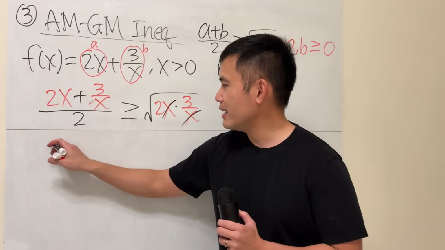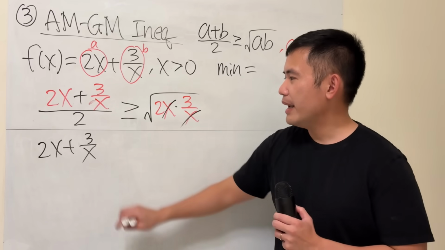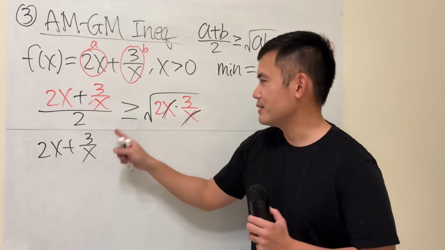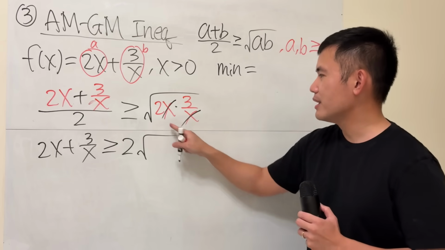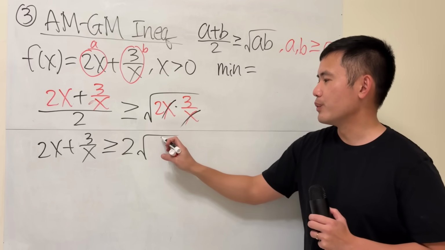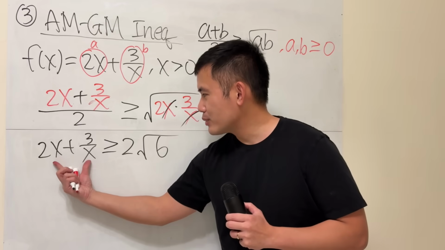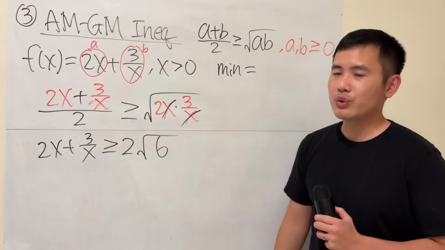So right here we are saying 2x plus 3 over x. And we can also multiply the 2 to both sides and the inequality stays the same. So 2 times the square root, and here we have 2 times 3, which is 6. What we are saying is that this right here is always going to be greater than or equal to 2 times square root of 6.